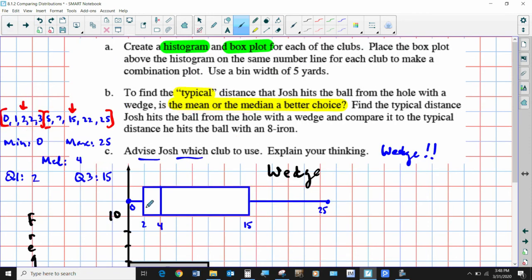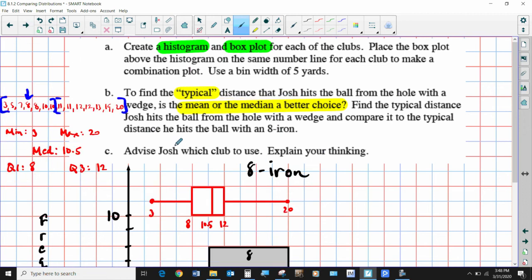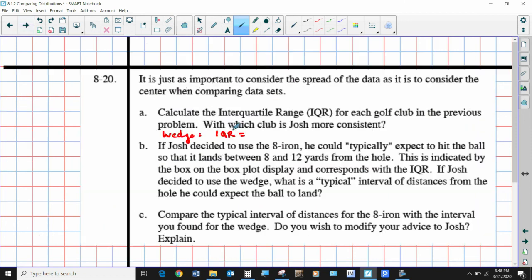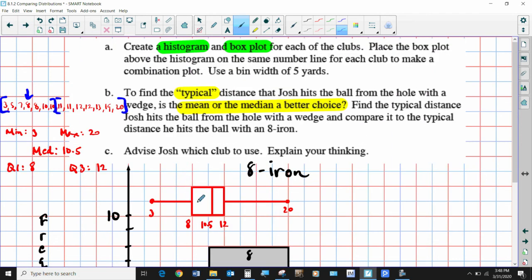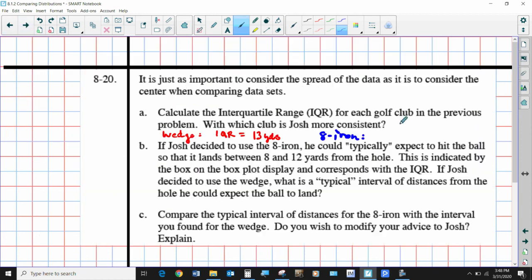It was 15 minus 2. That's 13 yards. And for the 8-iron, I should have color coordinated those a little bit better, whatever. The 8-iron, your IQR was only from 8 to 12, that was only 4 yards.